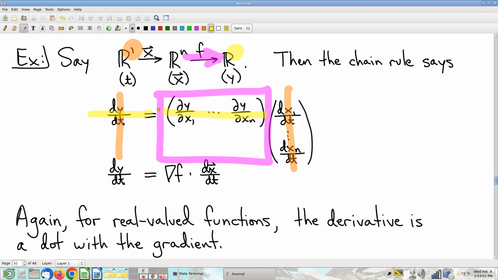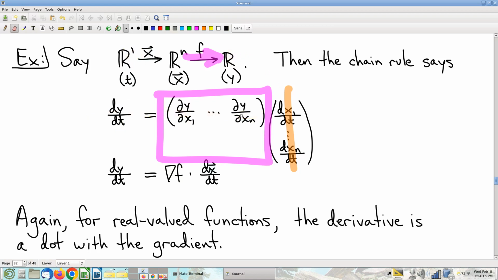One output y, function of one input t. So the derivative matrix of the composition is just a single variable calc 1 derivative, dy dt. And these matrices on the right have turned into, well, a single row matrix and a single column matrix, and this multiplication could be reconceived of as a dot product.